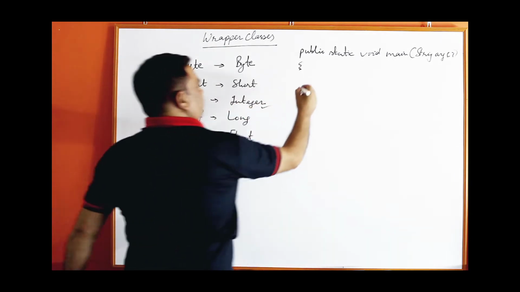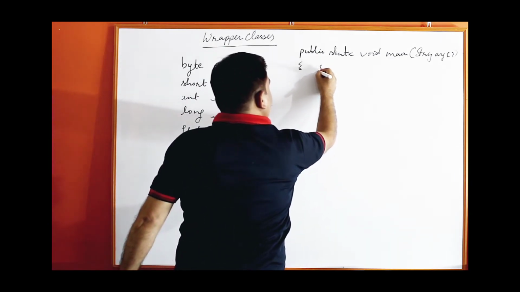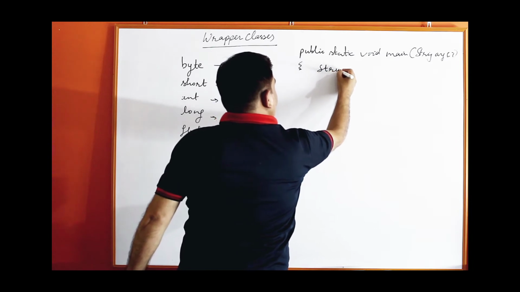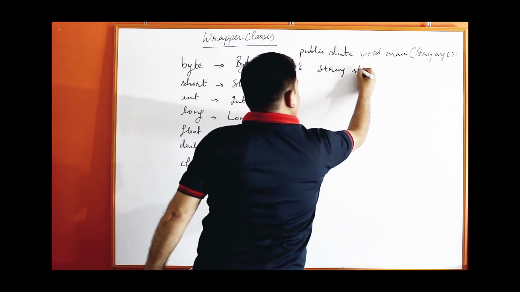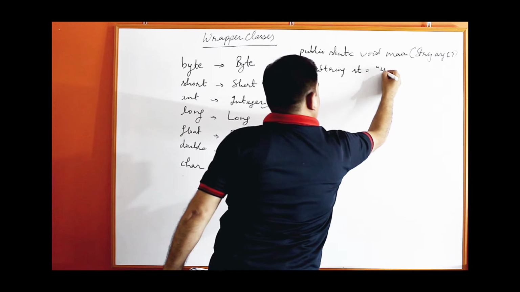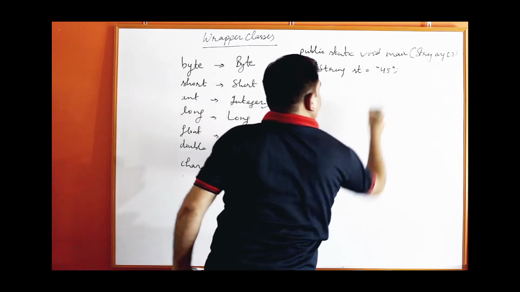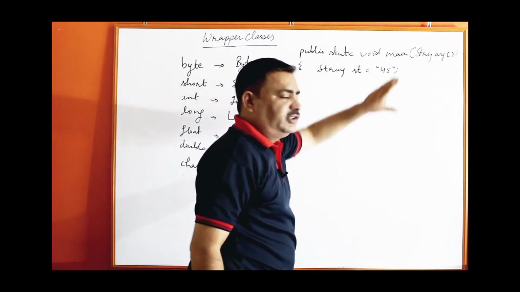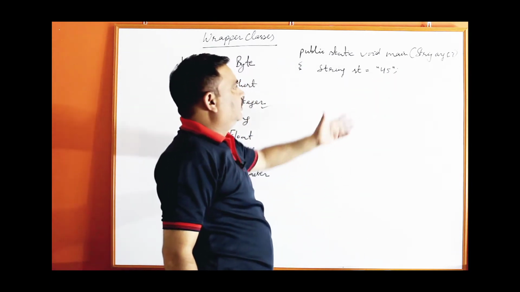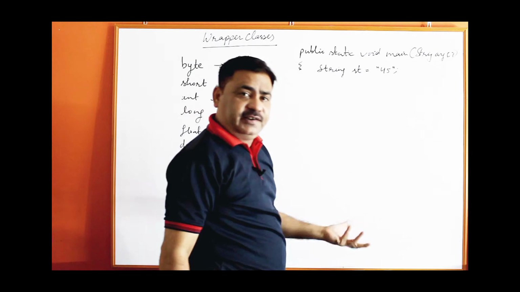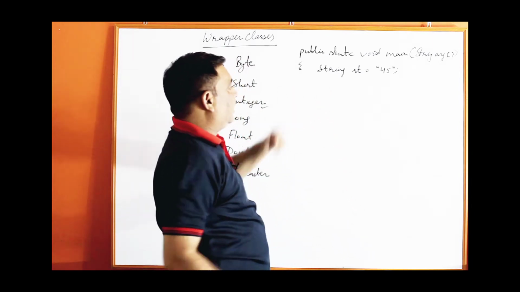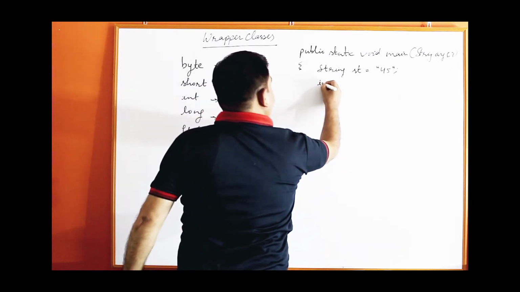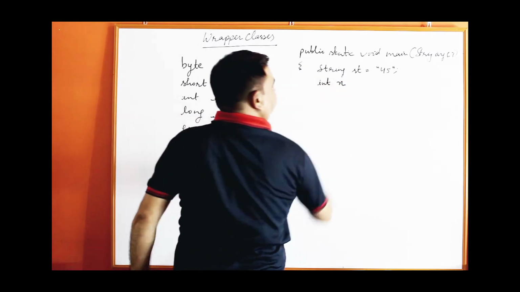Just try to understand. Suppose I have one string value, String st equal to "45". It is a string constant which contains only digits, but finally it is a string. So can we store it in any integer variable like n?